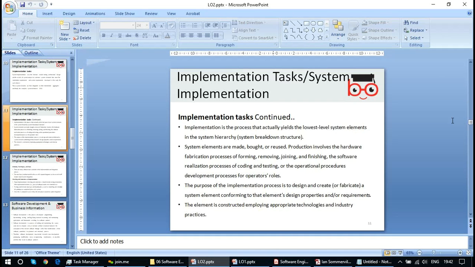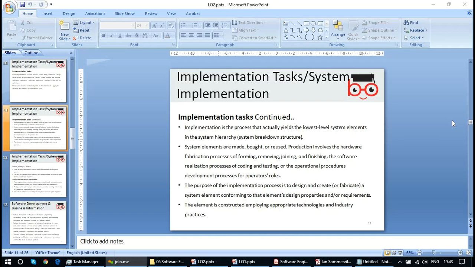Further continued, implementation tasks. Implementation is the process that actually yields the lowest level system element in the system hierarchy, the system breakdown structure.